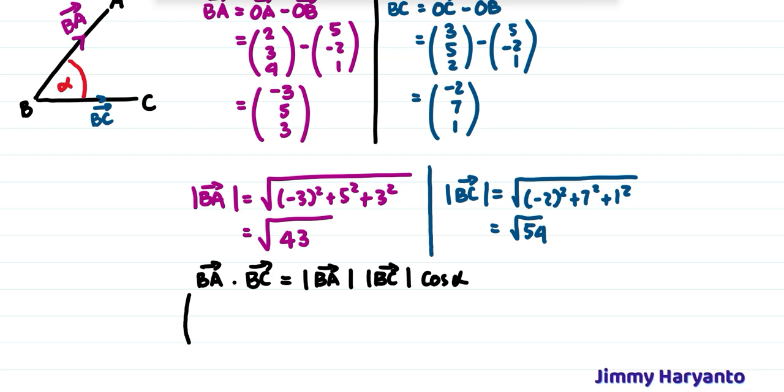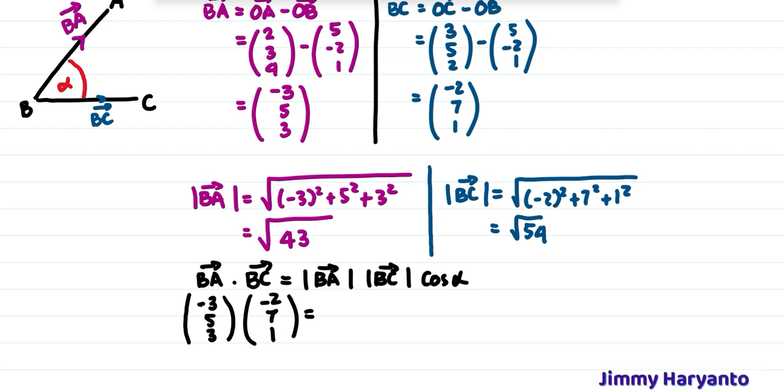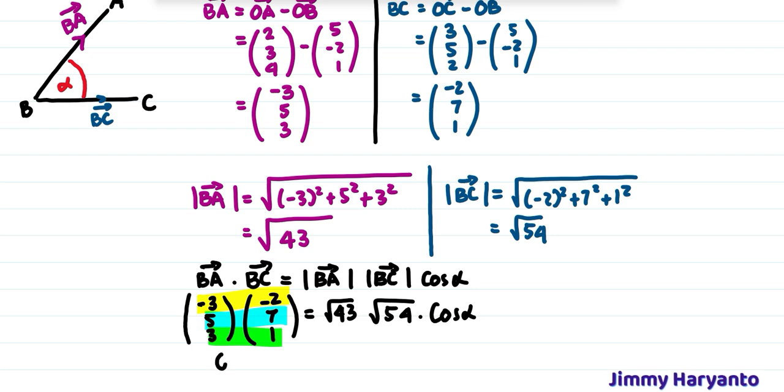We'll just input the values, which is negative 3, 5, and 3 dot BC, negative 2, 7, and 1 equals the length of BA, square root of 43, times the length of BC, square root of 54, times cos alpha, and then you multiply this one, this, and that one. We'll have 6 plus 35 plus 3 equals square root of 43 times square root of 54.